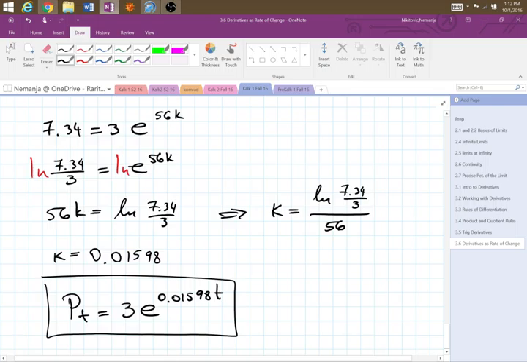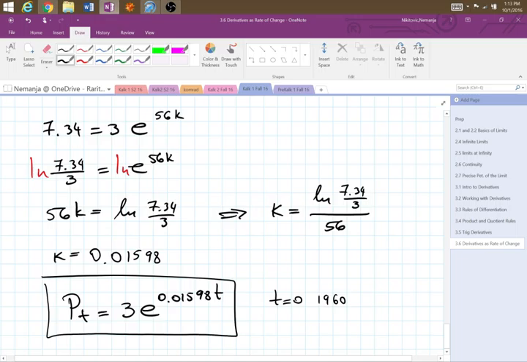Now, you can use this model to do many cool things. You can predict the future by it, because you know that if you plug in 56, it's going to give you today's current state. So this starts at t equals 0, which is 1960.